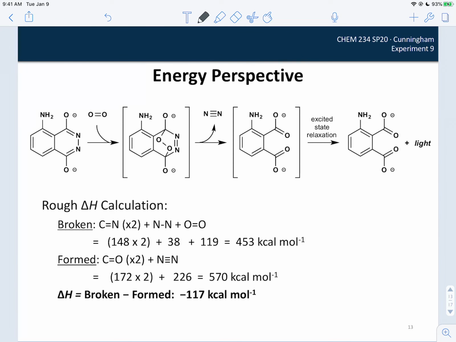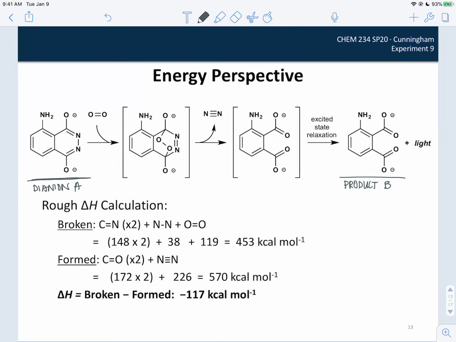We can take a look at this process from an energy perspective. We can look at our rough enthalpy calculation going from, let's call our dye anion A, to our final product over here. If we look at the overall bond energies, we can see what this calculation looks like.